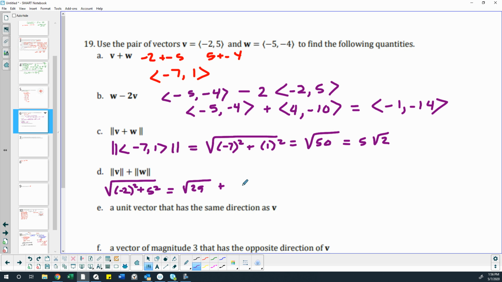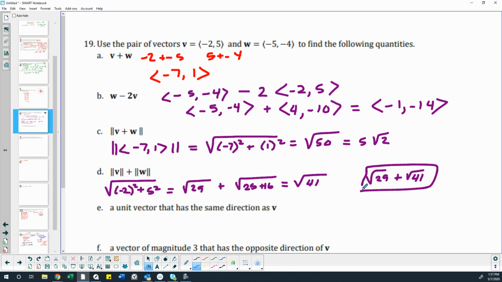And then the magnitude of w would be the square root of 5 squared and -4 squared, so 25 plus 16, which is 41. So that would be the square root of 29 plus the square root of 41, and we cannot combine those together, so we just leave our answer like that.